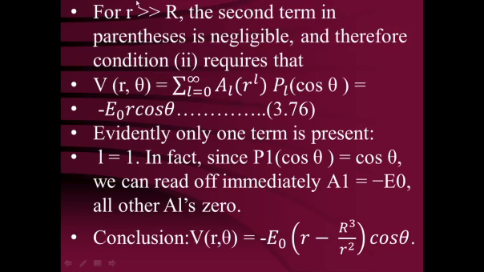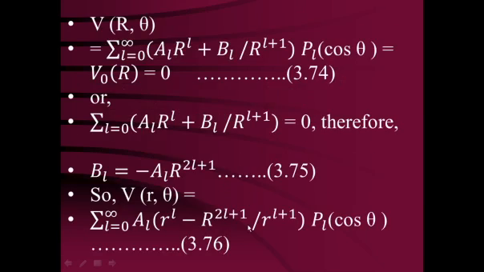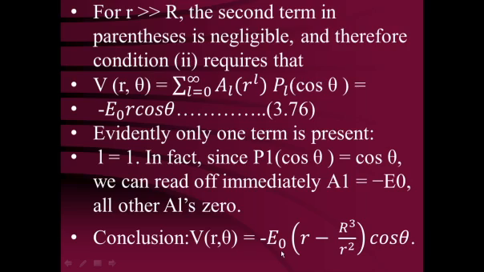For r greater than capital R, the second term in the parenthesis is negligible, because if we consider that small r is very large compared to this capital R, that means the denominator is very large compared to the numerator, and in that case this term tends to 0, and hence we can say that the second term in the parenthesis can be neglected.